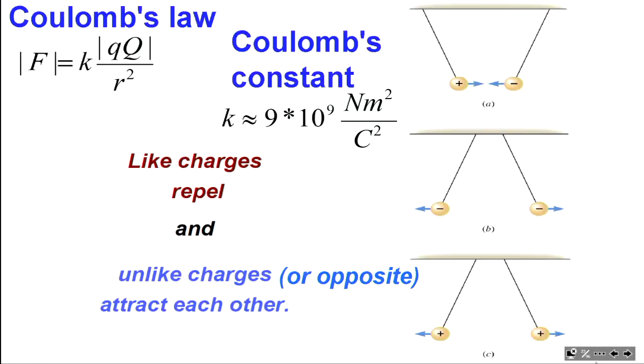The magnitude of the force between two charges depends on the magnitude of each charge and the distance between those charges, and the expression has been proved from experiments by physicist Coulomb. So that's why we call it Coulomb's law. And the structure of this law is very, very similar to Newton's law of gravity.